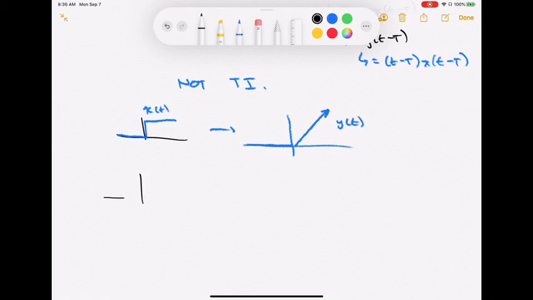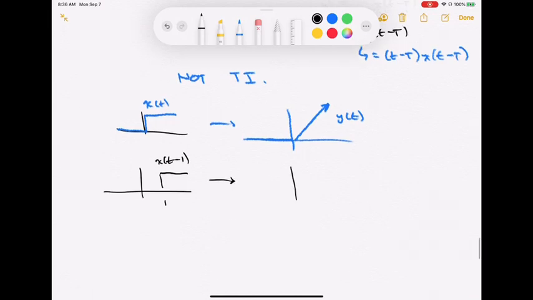Now, if I delayed that input, so here's an x of t minus 1, let's say it starts at 1, and I run that through my system, I'm going to get that delayed unit step multiplied by t. And what it's going to give me is something like this.